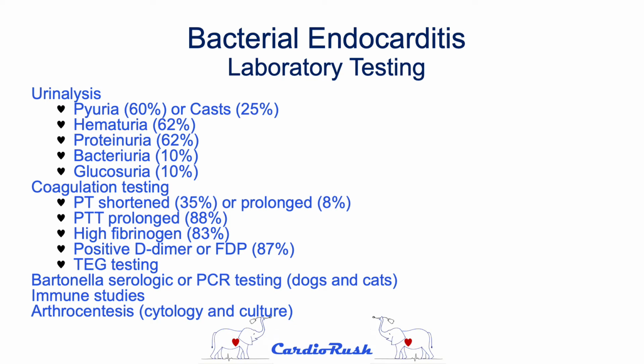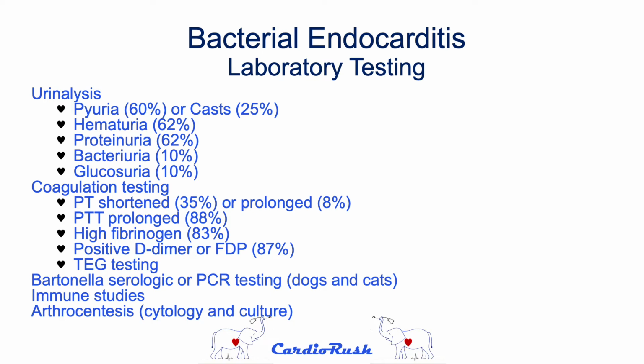Since bacterial endocarditis is a systemic disease and has the potential to lead to disseminated intravascular coagulation, coagulation testing may be appropriate, and you may see changes in the prothrombin time, activated partial thromboplastin time, fibrinogen, D-dimers, and thromboelastography testing may also identify coagulation abnormalities. Especially in animals with culture-negative endocarditis, Bartonella serologic or PCR testing may be appropriate.